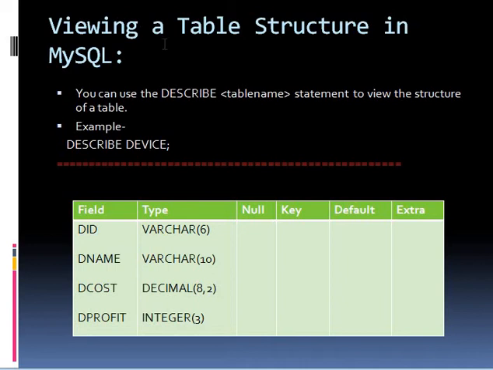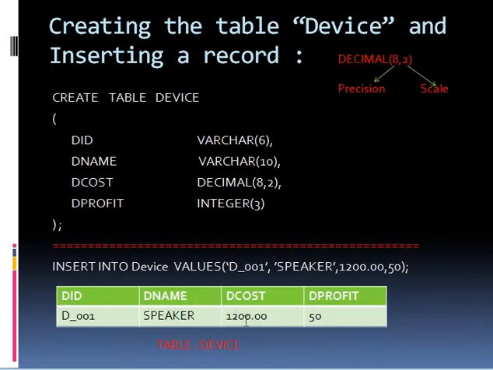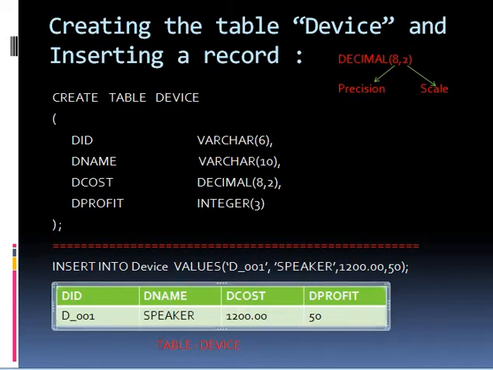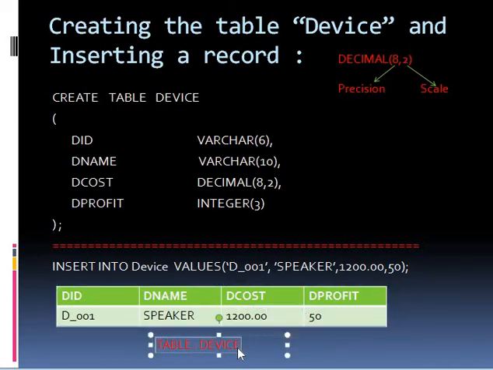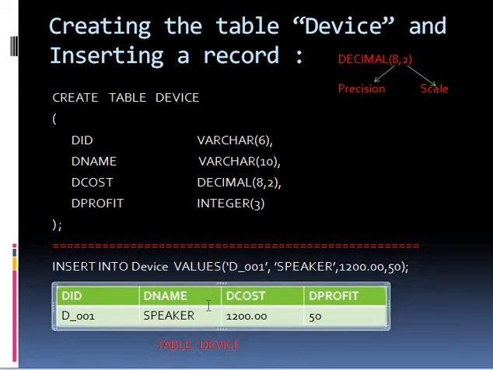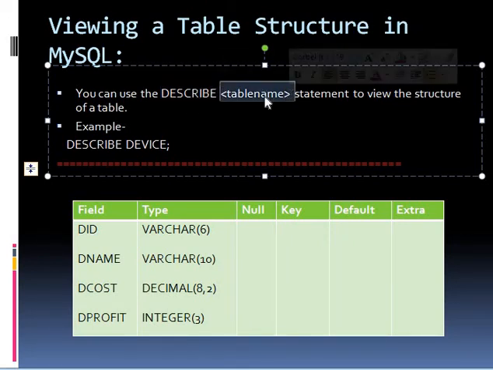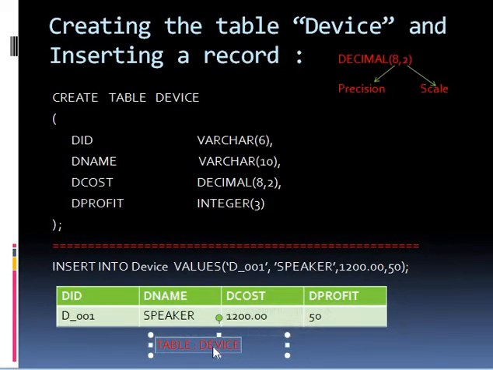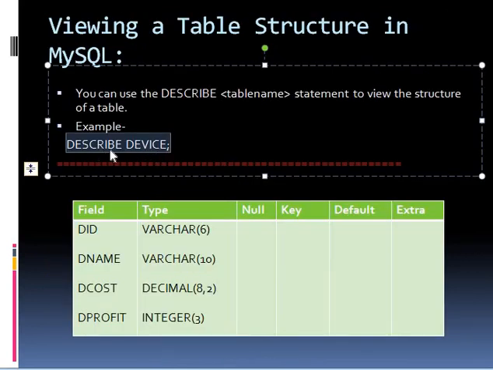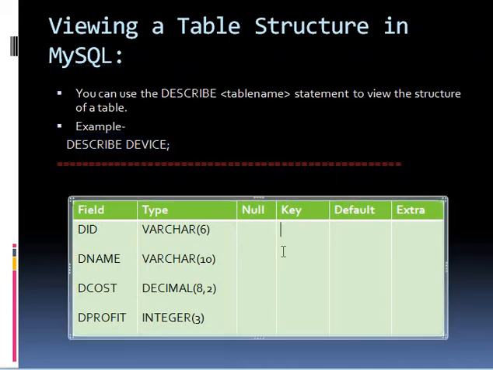Now there is a command to view the table structure. You remember, this was the table that I have created. The name of the table is device. If you want to view the structure of this table, you have to make use of the describe command, followed by the name of the table. Since the name of our table is device, I shall write describe device followed by a semicolon, and this is going to show the structure of the table device in this format.